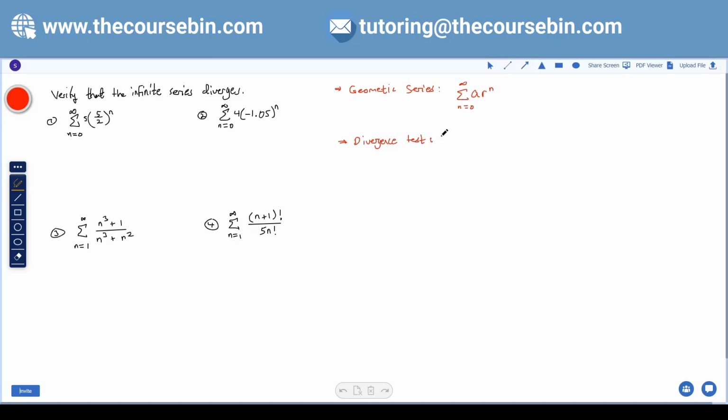The divergence test says that the sum from n equals 0 to infinity of a sub n diverges if the limit as n goes to infinity of a sub n is not equal to 0. None of these have anything to do with telescopic series, so you don't have to worry about that.